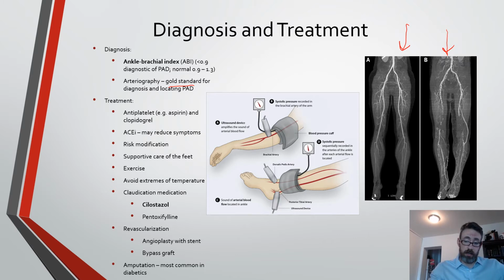Again, this would be depending on how severe it is and how much tissue is at risk. And ultimately, amputation in certain circumstances where there's really very little salvageable tissue, and they're at risk for gangrene and so on, or they may already have gangrene.